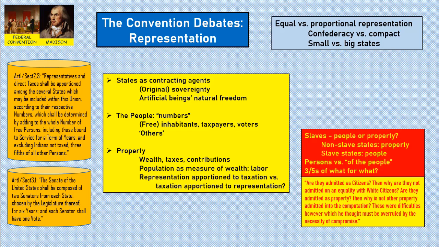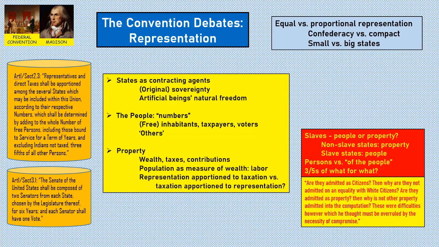In these 2 passages, one from Edmund Randolph and the other from James Madison, these proposals for revising the Articles of Confederation, we see 3 fundamental concepts proposed as the answer to the question, what do representatives represent, especially federal or national representatives?